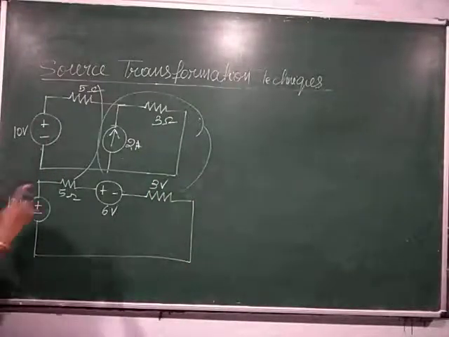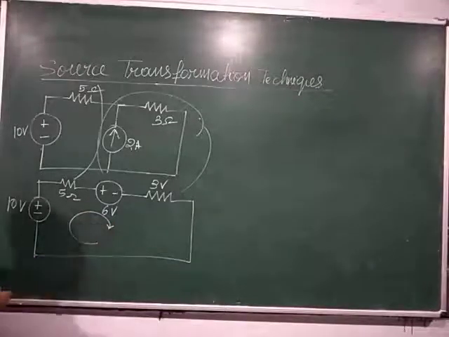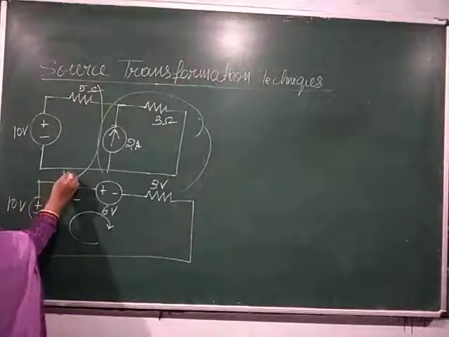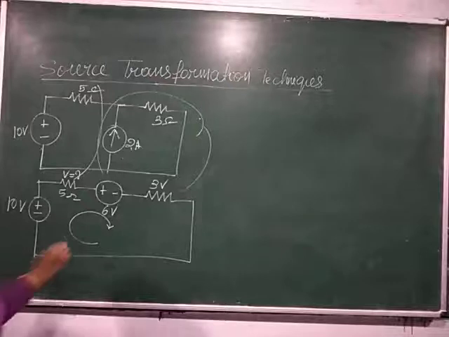Now in this circuit, by applying KVL, Kirchhoff's voltage law, I can easily get the voltage drop across the 5 ohm resistor.